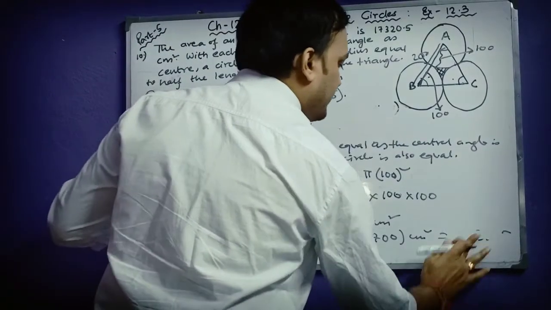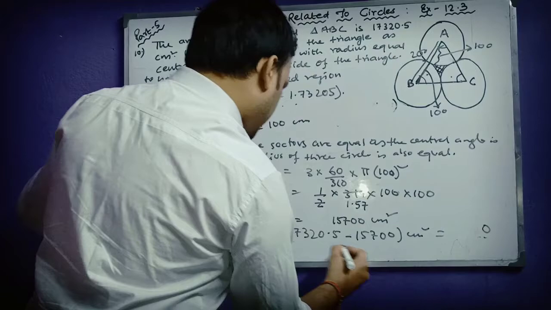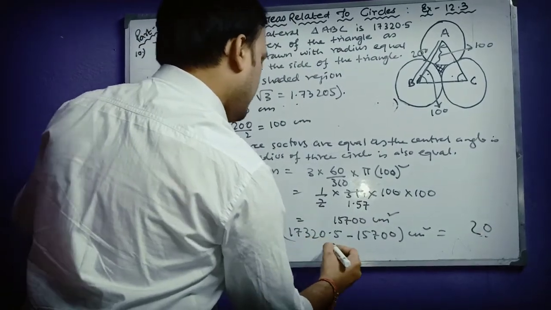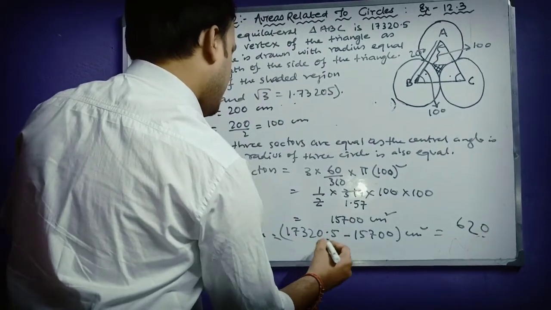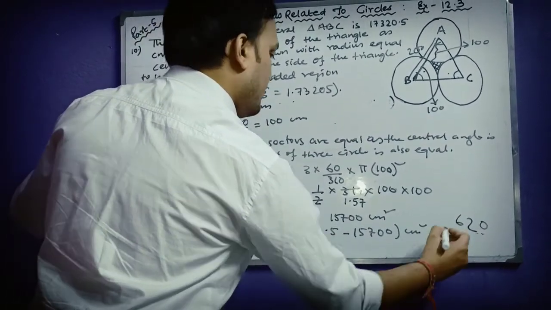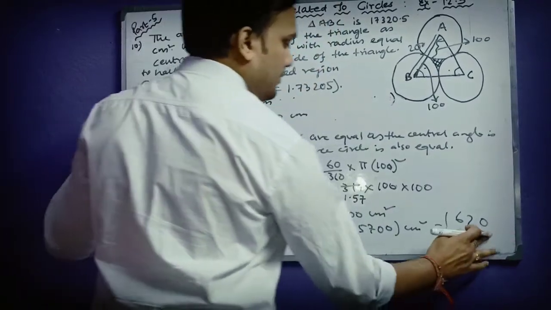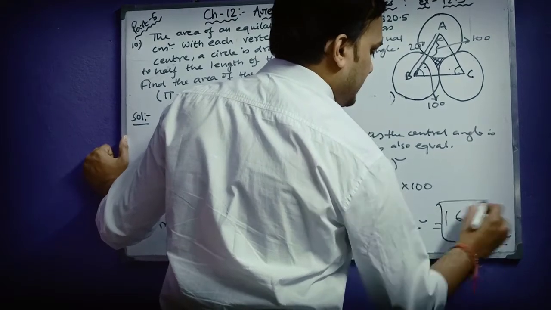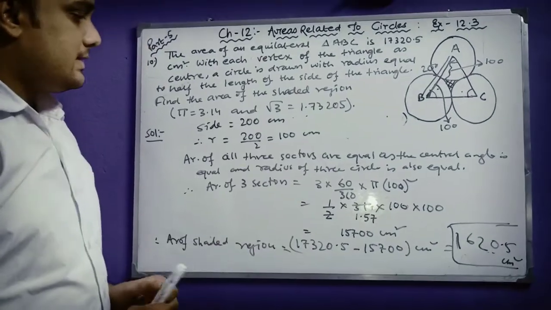Okay, sorry, it will not be 320 here. It will be equal to 1620.5. So our answer is 1620.5 centimeter square.